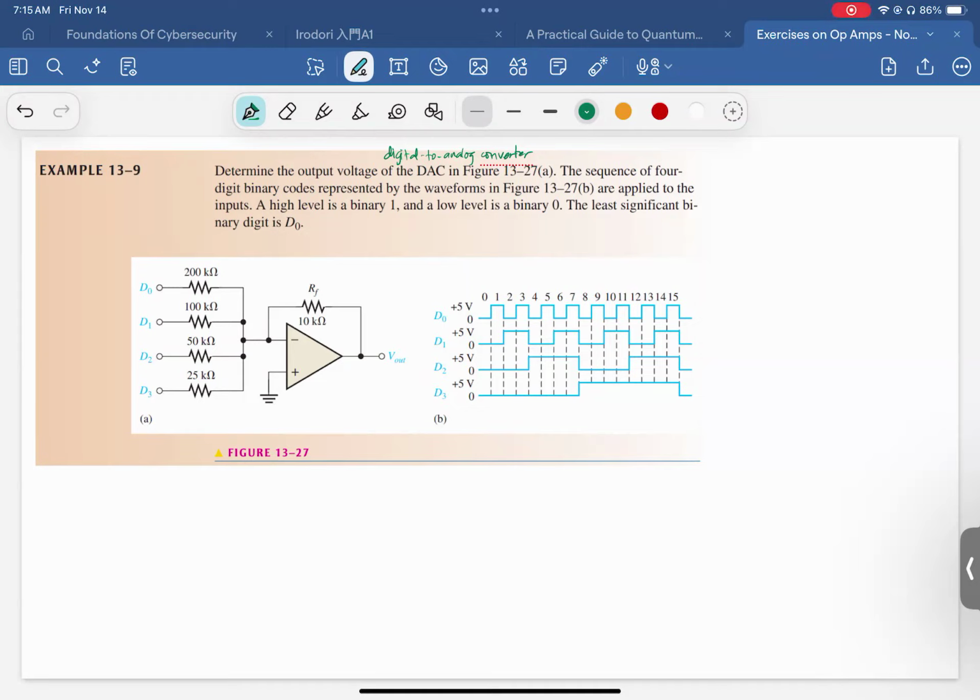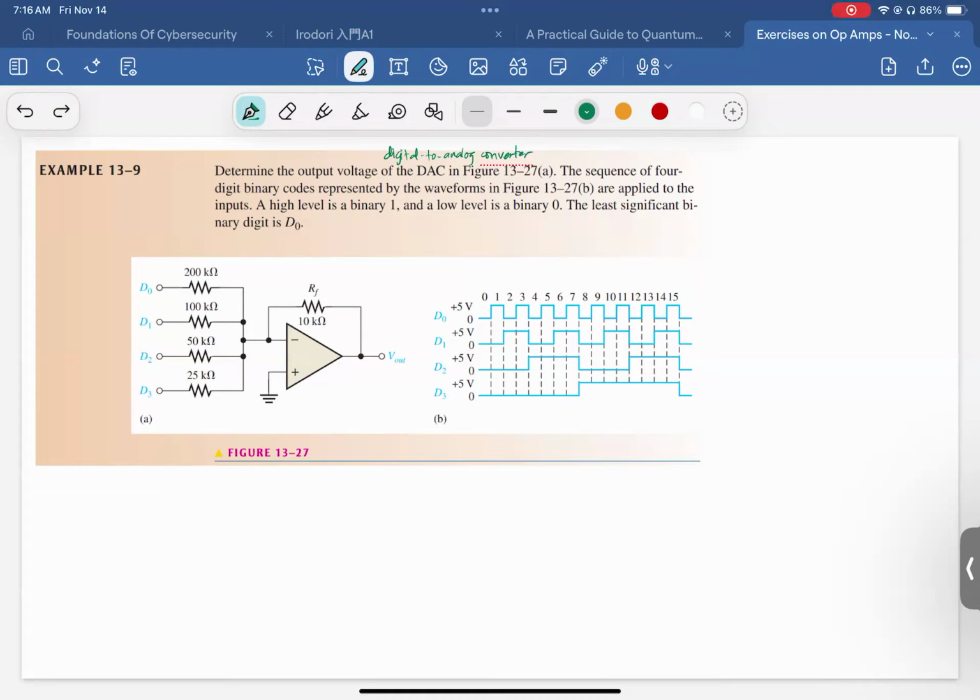Ganun lang naman pag classical computers, it's either 0 or 1, or 0 or 5 volts, or 0 or 10 volts. In this case, 0 or 5 volts na nakalagay dyan. So yung role nung summing amplifier dito is to convert it to an analog signal. So what do we expect to get here?